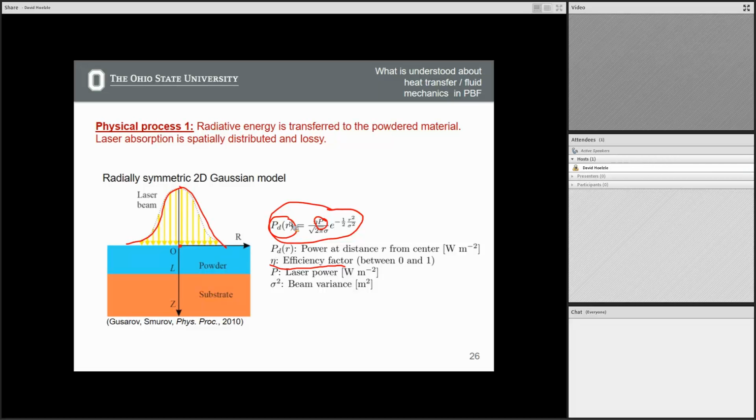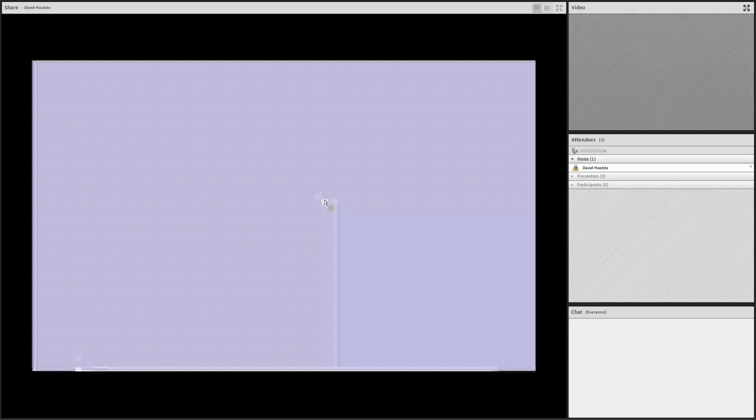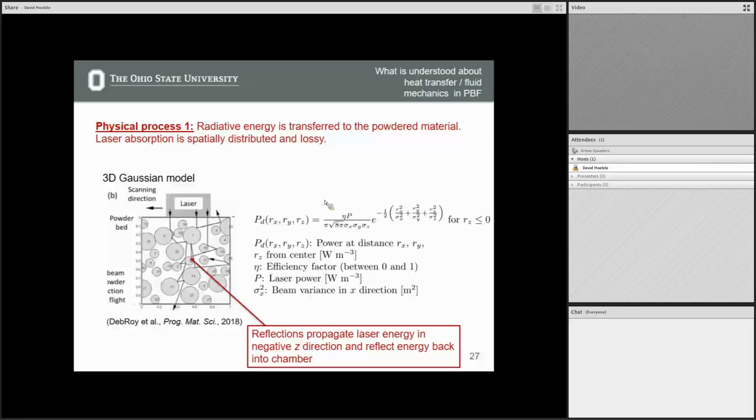Okay, so this is one step up in complexity from our Dirac delta function. Going one other step up in complexity, and there are ones that are even more complex, but I don't think it's really worthwhile addressing those, is a 3D Gaussian model.